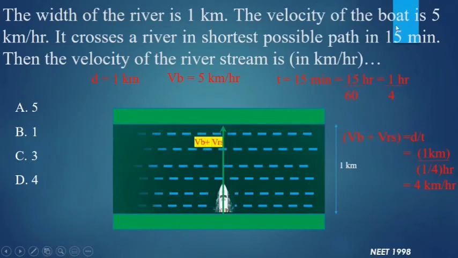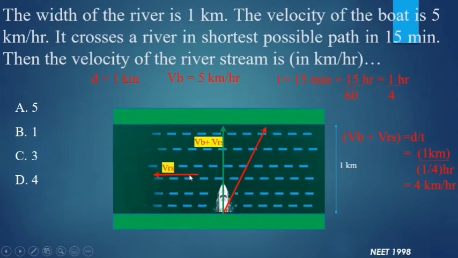Also the velocity of the boat is given, that is equal to 5 km per hour. But the velocity of the boat should be in the opposite direction of the stream, so that it will come automatically to the perpendicular direction. So this is the velocity vector for the river flow, river stream, and this is the velocity for the boat.